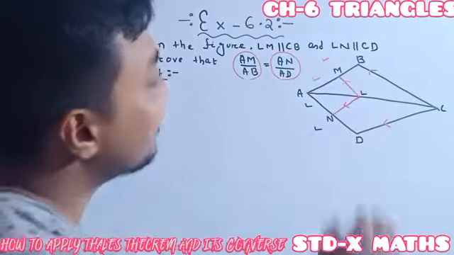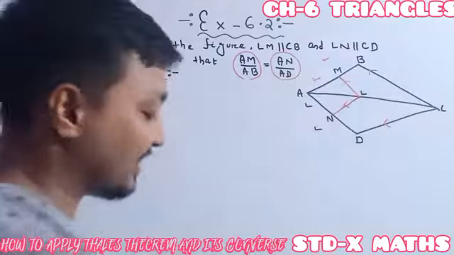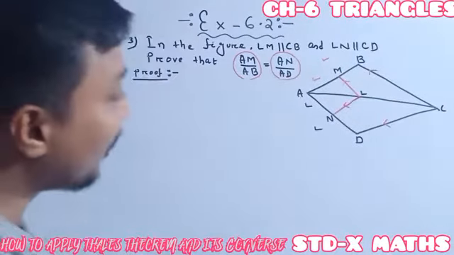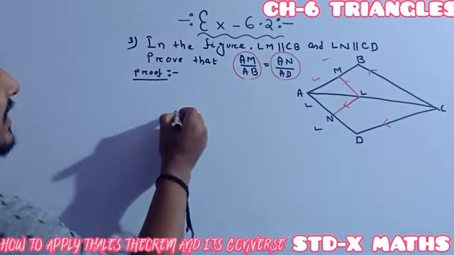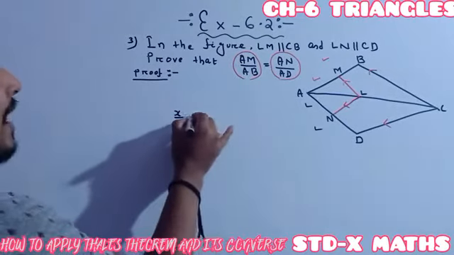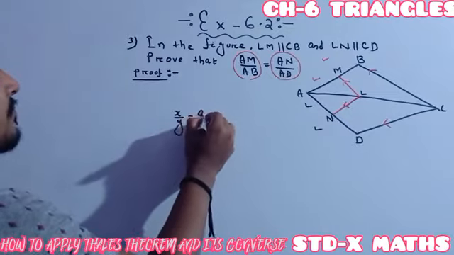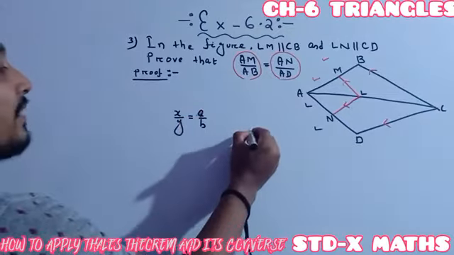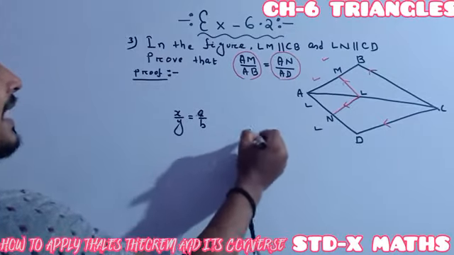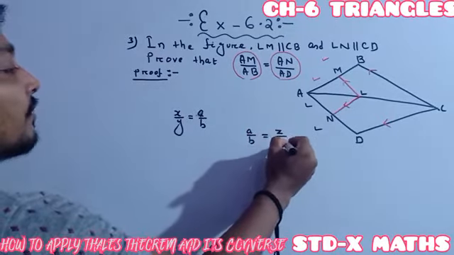It means we just have to apply the Thales theorem here, and also here. Actually the logic is you have to create a situation just like this. 100%, x by y you have to create the same as a by b, and once again a by b is our z by w.